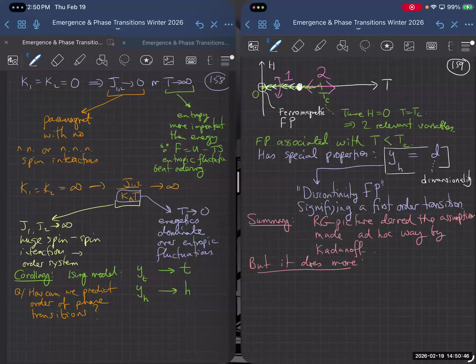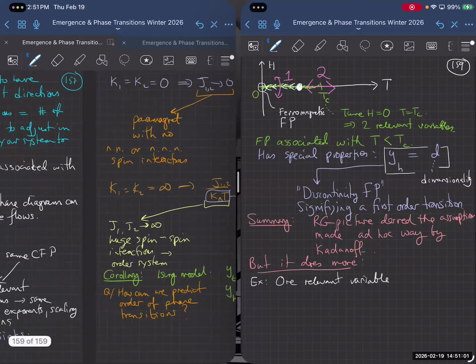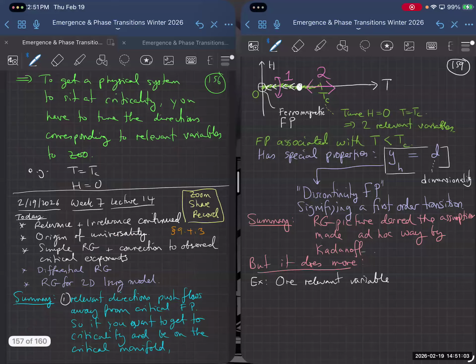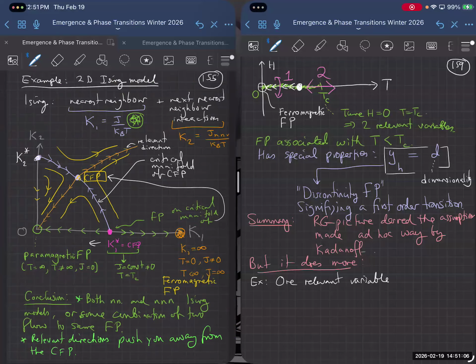So let me give you an example. My example is just a one relevant variable fictitious example. If you go back and look at our flow diagram on the left screen, there I've drawn two dimensions, K1 and K2.